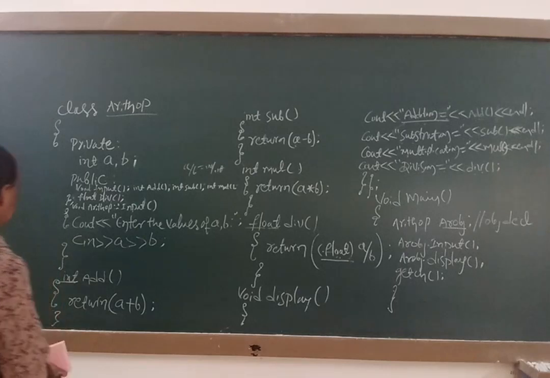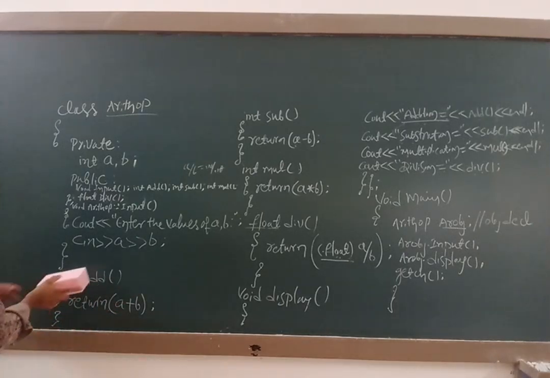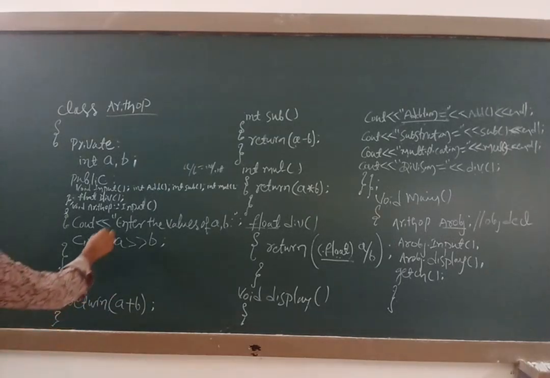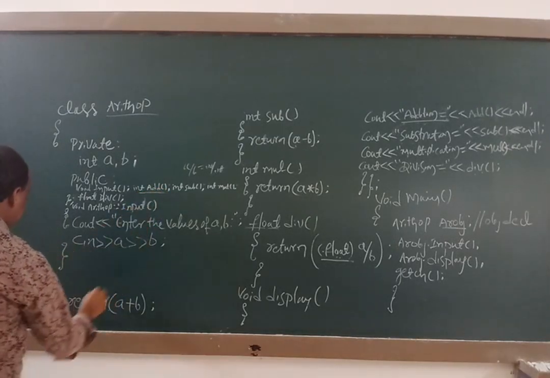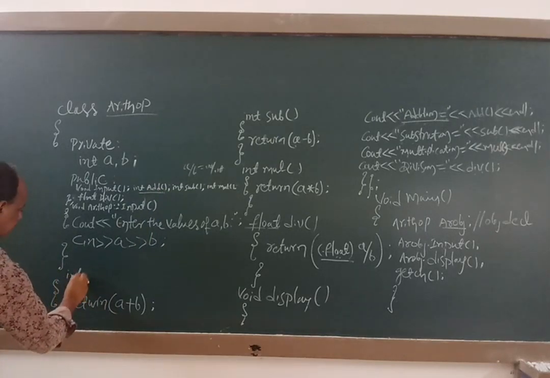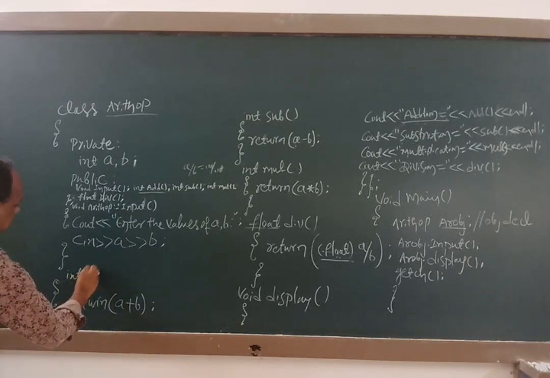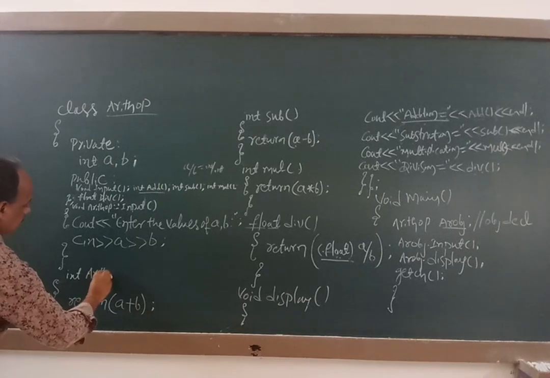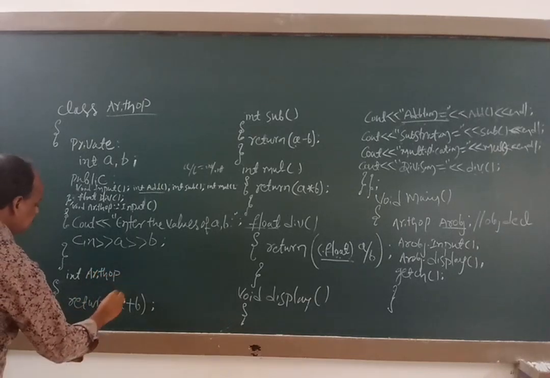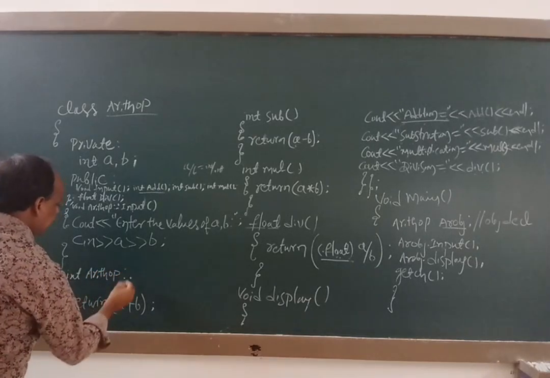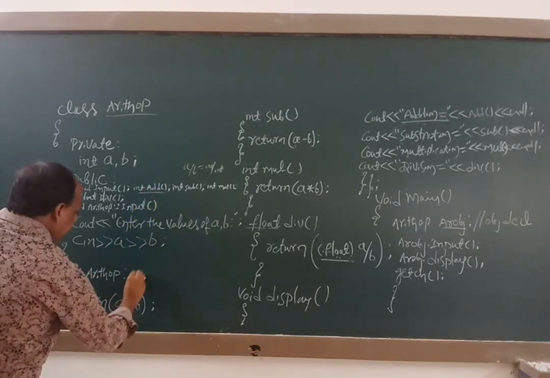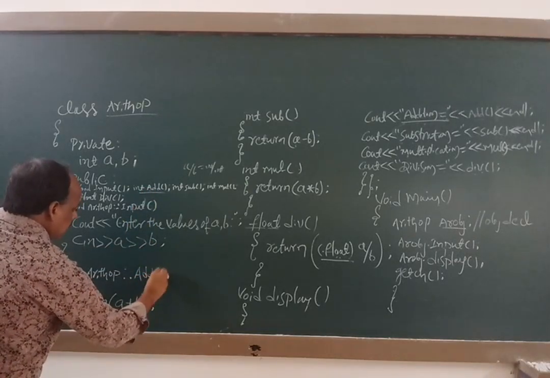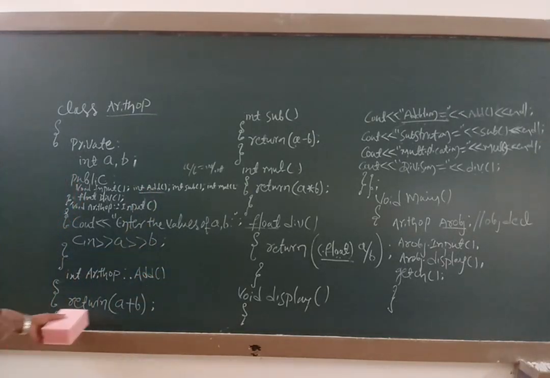Next, just I am changing the heading here to define member function outside the class. Therefore second function is addition function. Int class name, arithmetical operation, scope resolution operator, name of the function, add function, return of a plus b, close the add function.